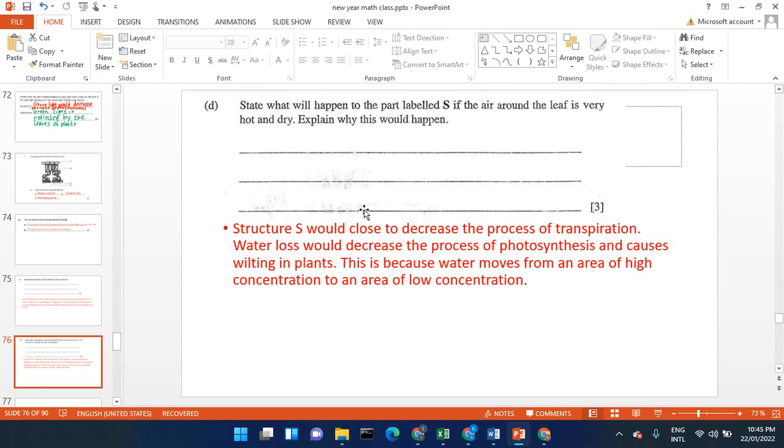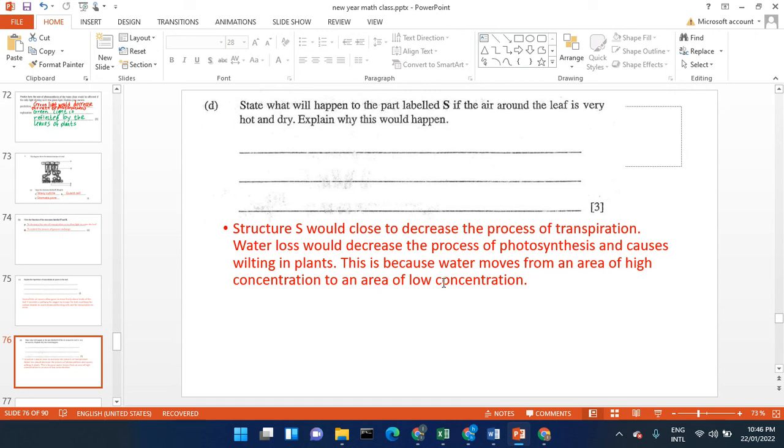Well, according to our answer, it would close so as to decrease the process of transpiration. Now, water loss would decrease the process of photosynthesis and cause wilting in plants. This is because water moves from an area of high concentration to an area of low concentration.